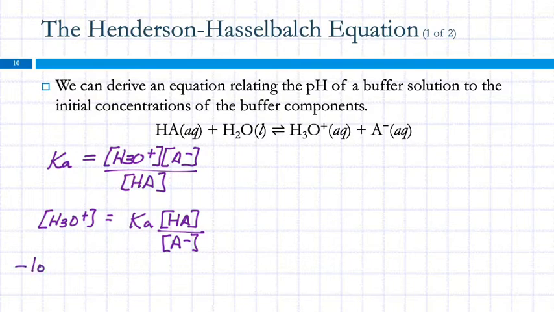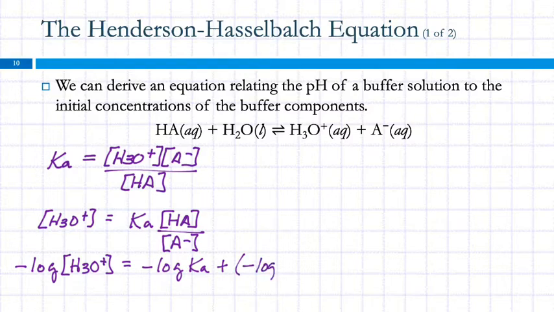So negative log of the hydronium ion concentration is equal to the negative log of Ka plus the negative log of HA over A minus. When you take the log of things that are multiplied, you add them.